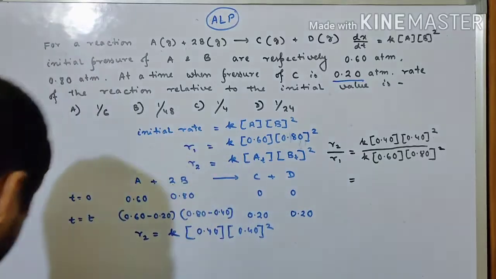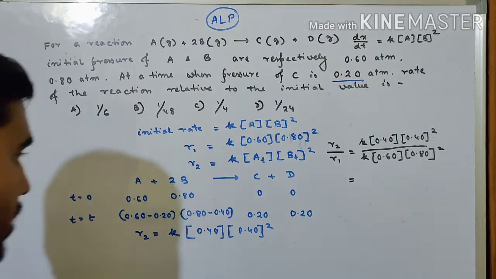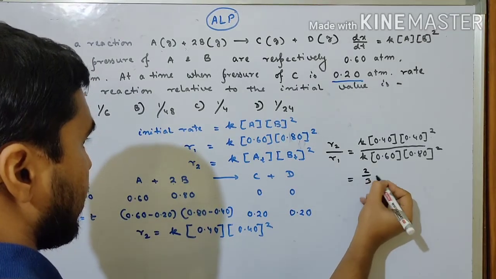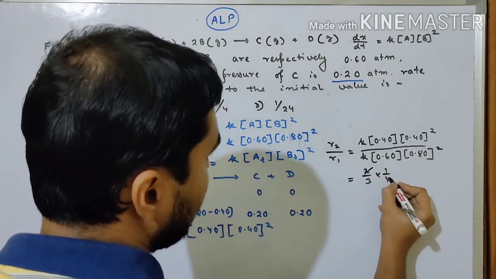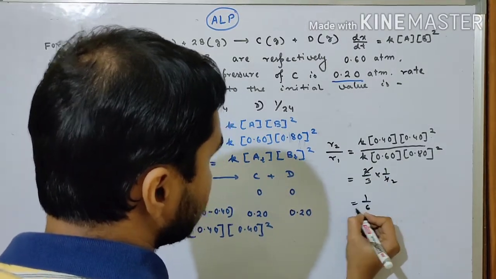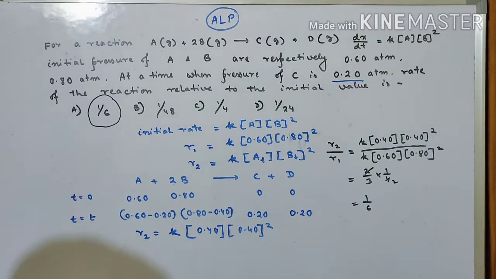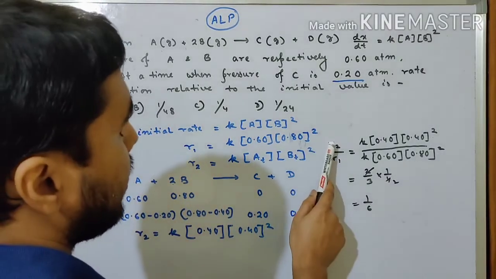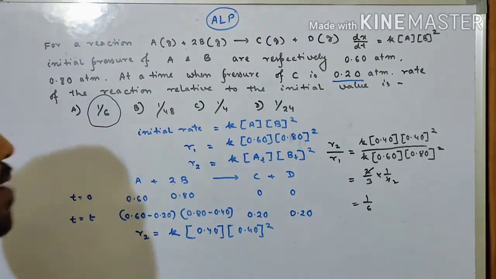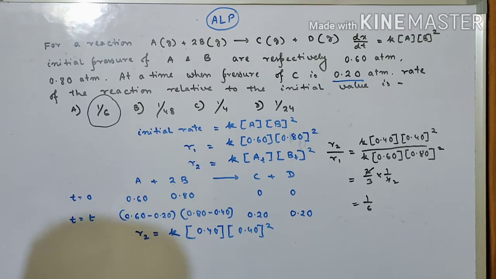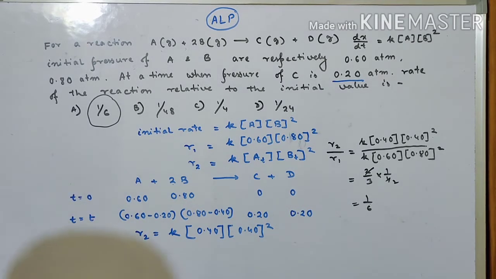Now we are supposed to solve. K and K will cancel out. So you will be getting 2 by 3 into 1 by 4. Right? So we are getting ultimately 1 by 6. So this answer will be correct. So we are getting the second rate with respect to the initial rate as 1 by 6 by this method. Pressure values are given instead of concentrations.